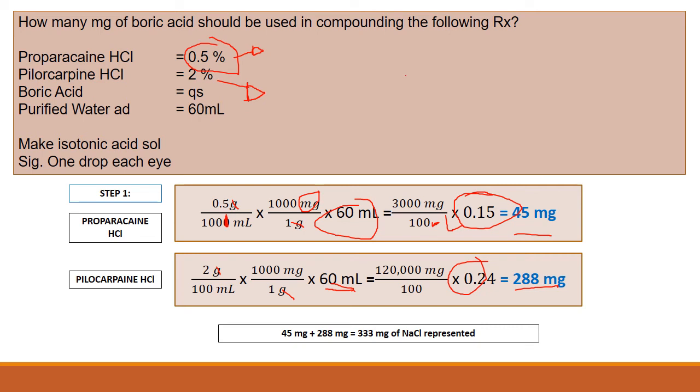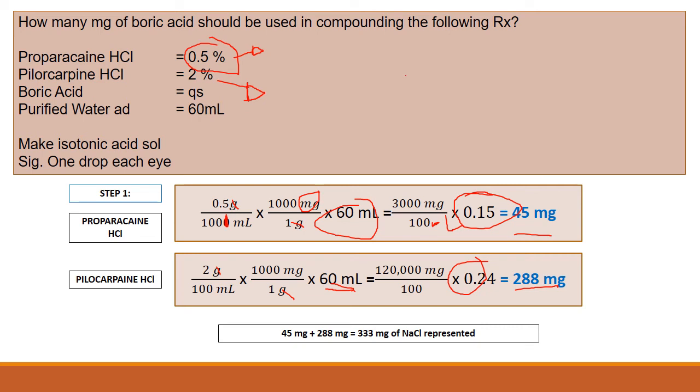Okay, so for our pilocarpine, we have 2 grams. We can convert this percentage into weight per volume concentration. So 2 grams over 100 mL. We have to make this into milligrams, so we have 2 times 1000 milligrams, and then you have to multiply it by the water.